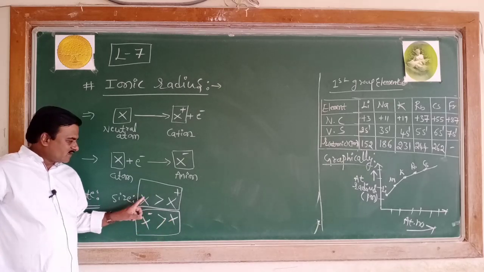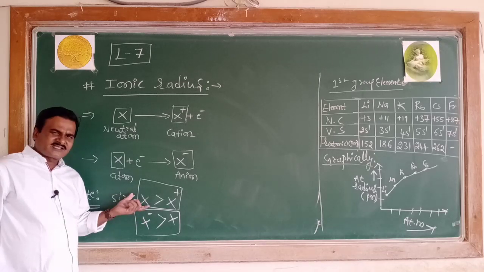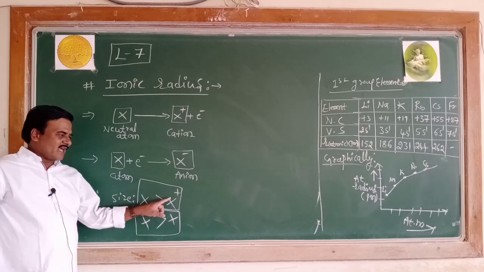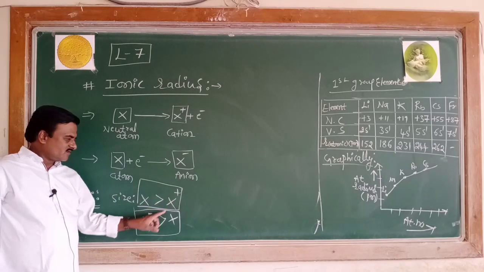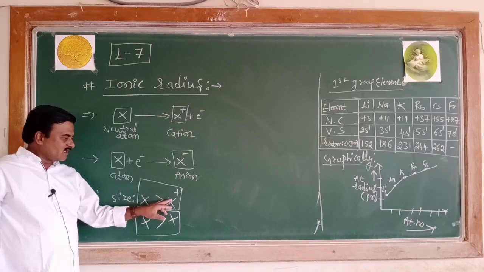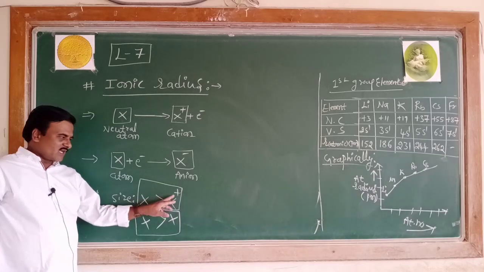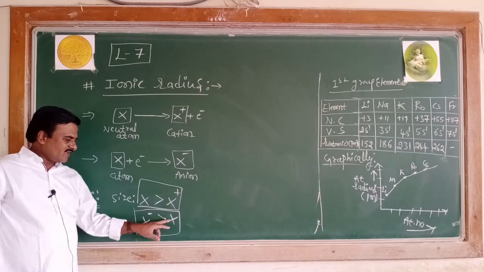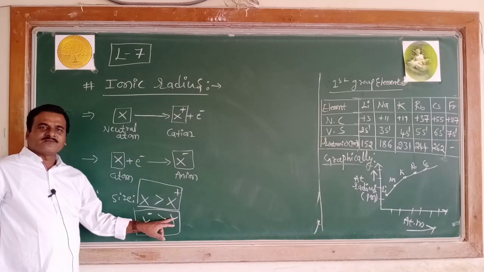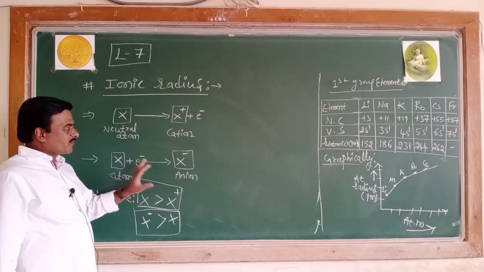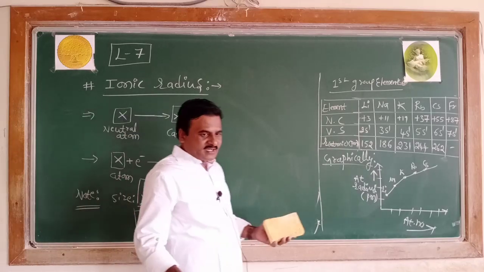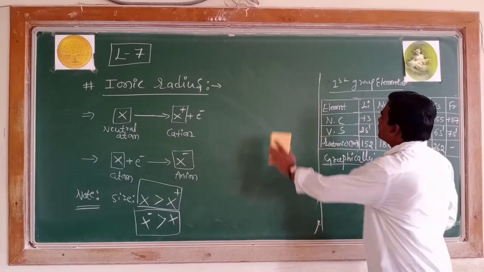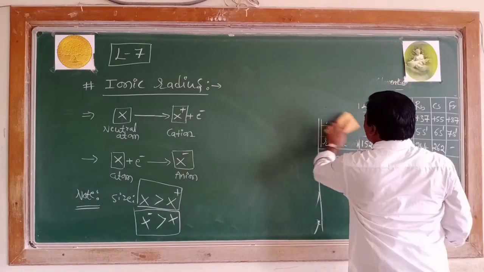I repeat, the radius of a neutral atom is larger than its cation, formed from the neutral atom, and the radius of an anion is larger than its neutral atom. Keeping this in mind, let's go to collect the definition of ionic radius.